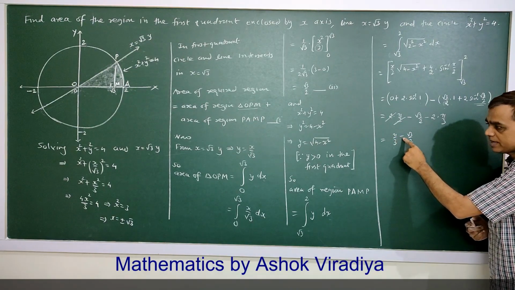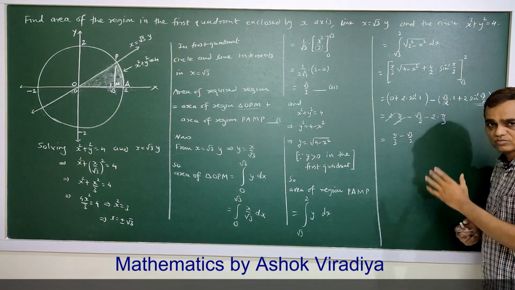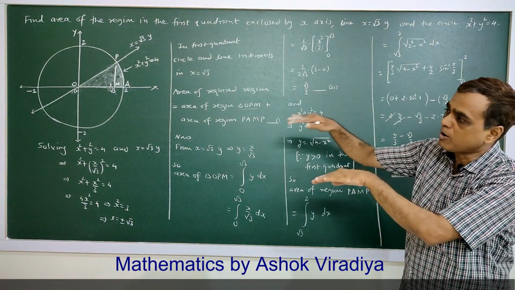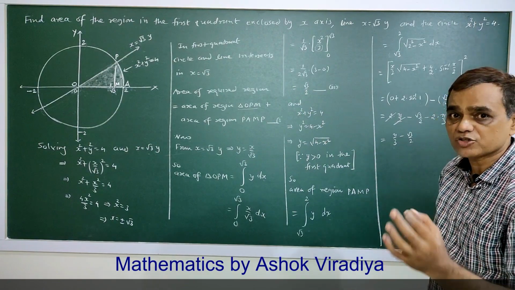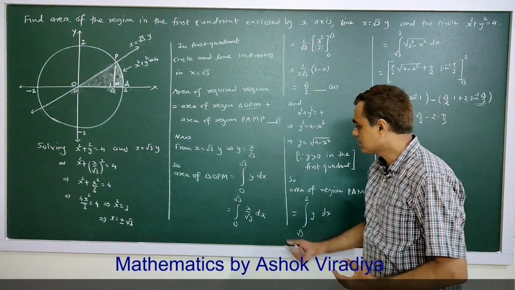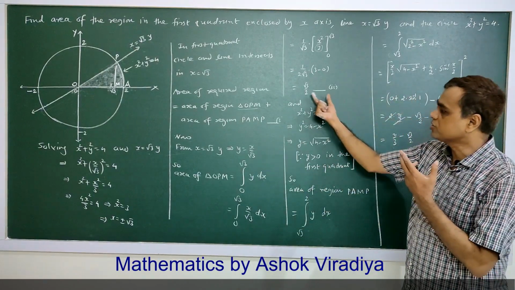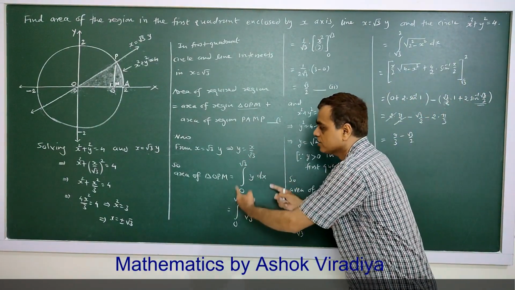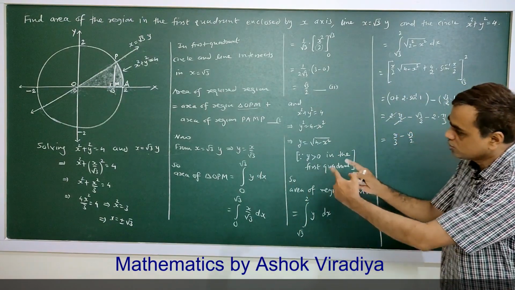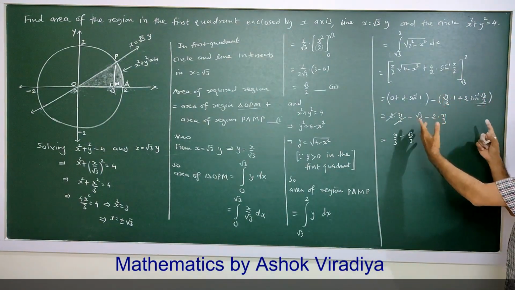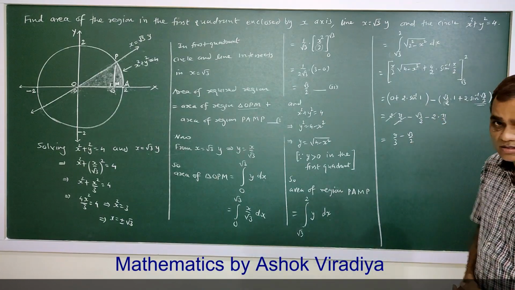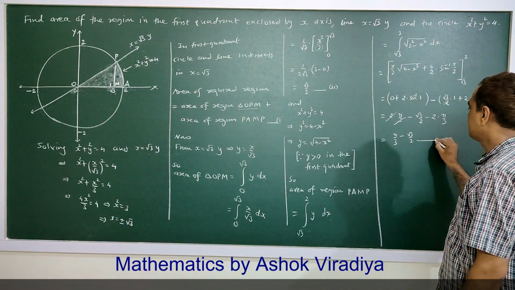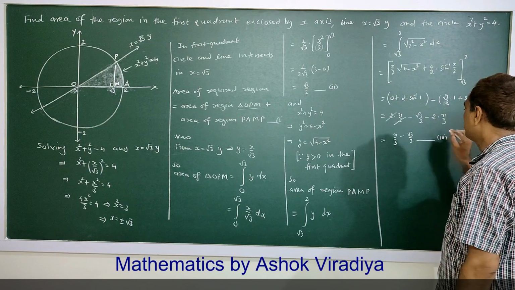So more than 1 minus less than 1 is positive. So when the region is above the x-axis, the integral value will be positive. Because this was obviously positive, we do not use modulus here. Without modulus, we have performed this calculation in calculating both areas. So this is the third value.